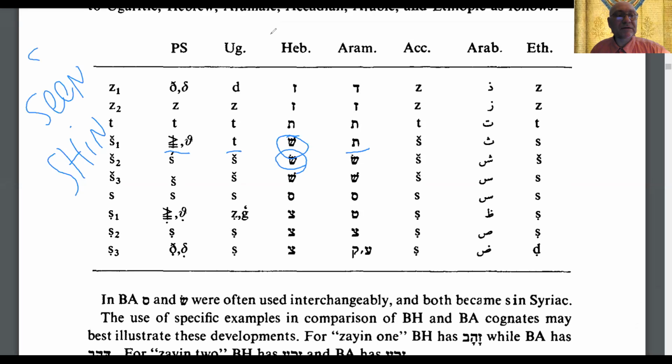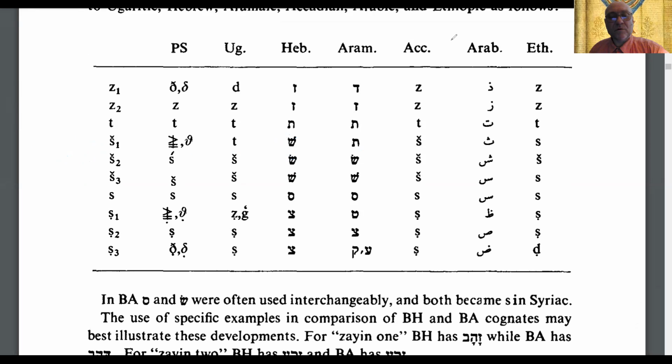Okay. Then let's see, we've got seen, S-E-E-N or S-I-N. It's like a long E sound, so it's probably best to have it like this, seen, for this one here. So we've got an S sound. It looks like it's the same in Aramaic. So that stays the same.